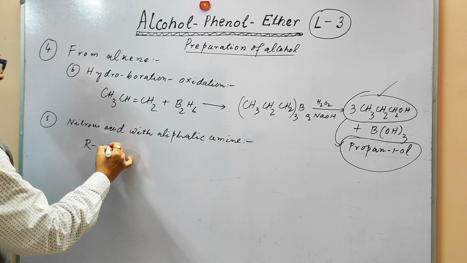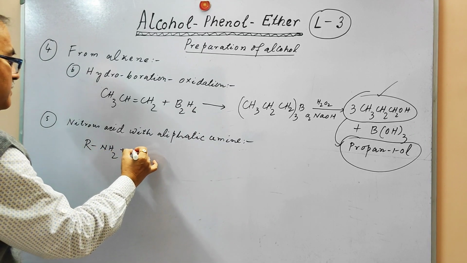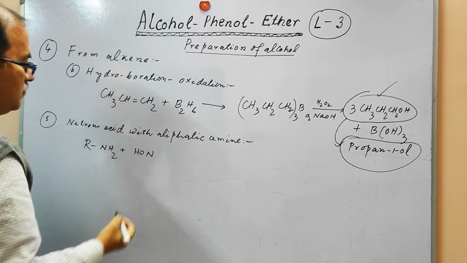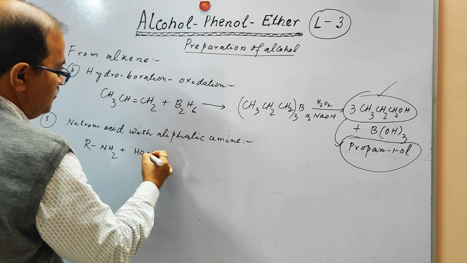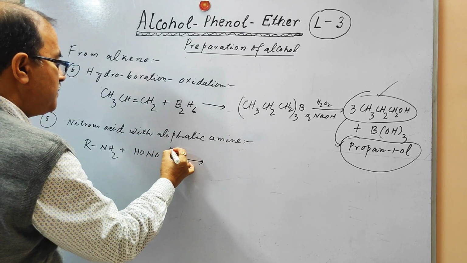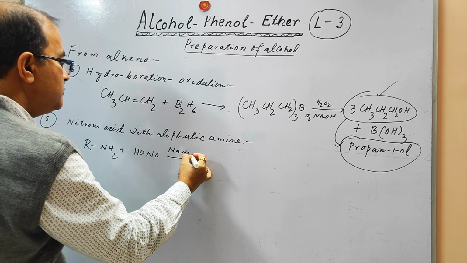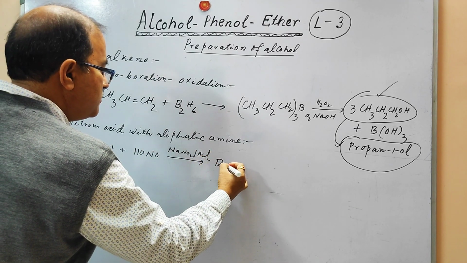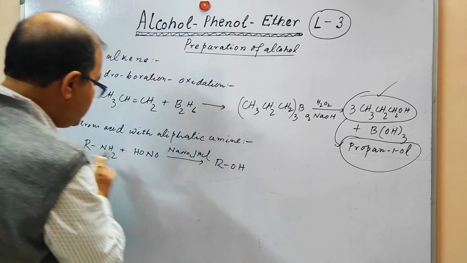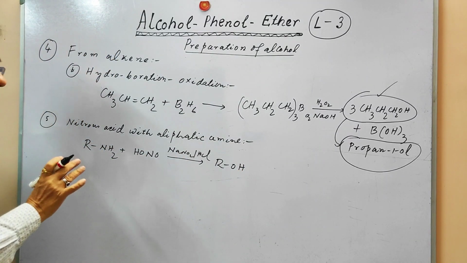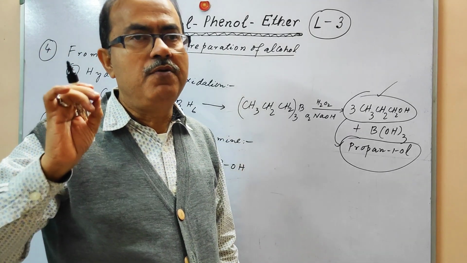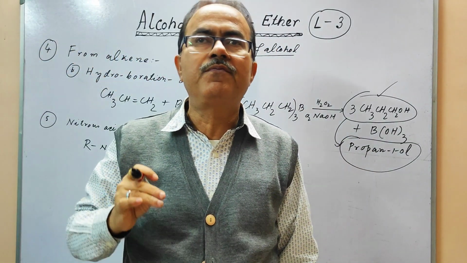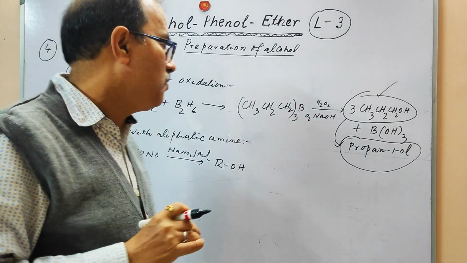This is the aliphatic amine and this is nitrous acid. Nitrous acid can be prepared by NaNO2 with HCl. So this is going to produce this alcohol. But this is not a desirable process, because from this process alkene has also been produced. There are different types of organic compounds found to be produced.